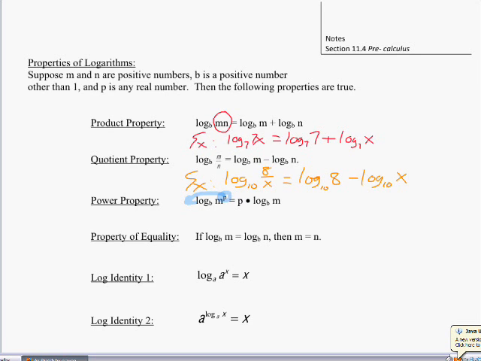Say that we have log base 11 of 84 squared. Using the power property, we are allowed to write this as 2 times log base 11 of 84. That is the power property.